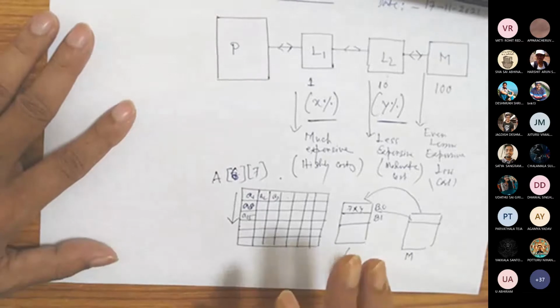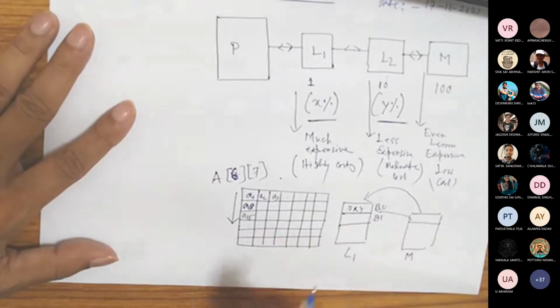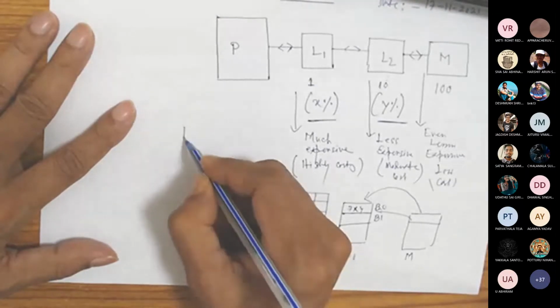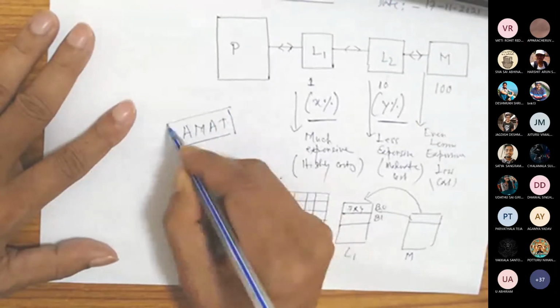So it is not only how the cache is organized, but also it depends on how your access pattern is. And based on your memory access pattern, your cache utilization or average memory access time, AMAT, will vary.